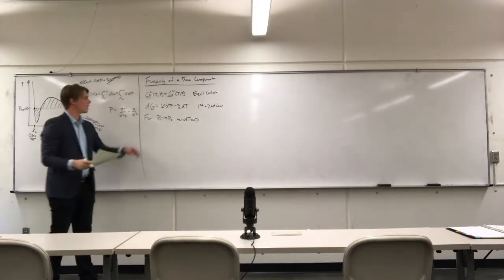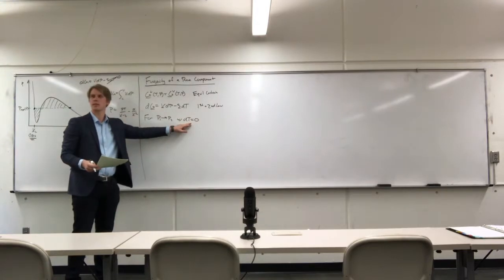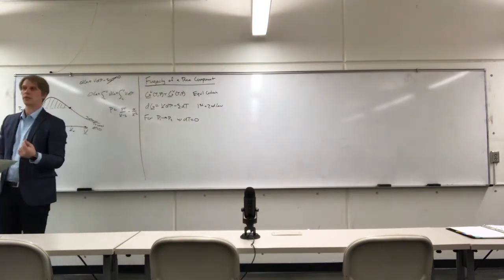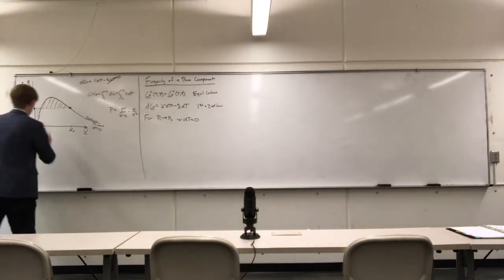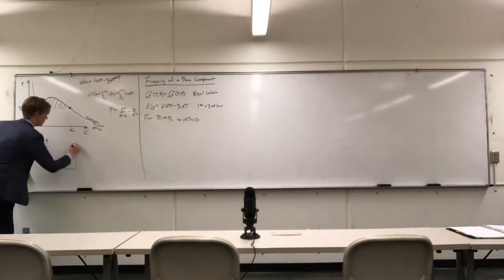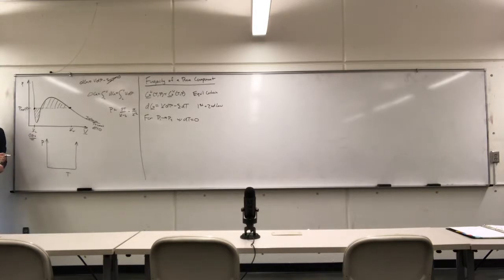So if we're looking at a process where we're varying the pressure but holding the temperature constant, this is very similar to what we did when we talked about state changes with an equation of state, where we looked at PT plots, pressure versus temperature, and we wanted to go from state 1 to state 2.